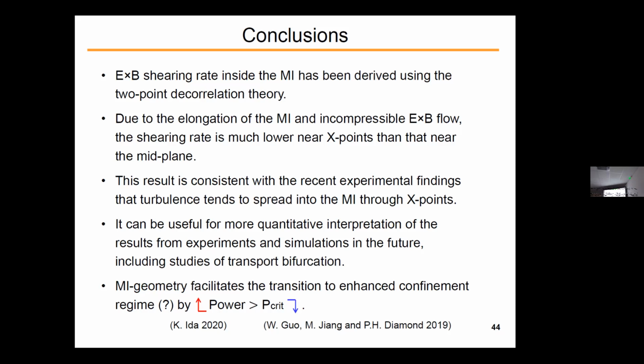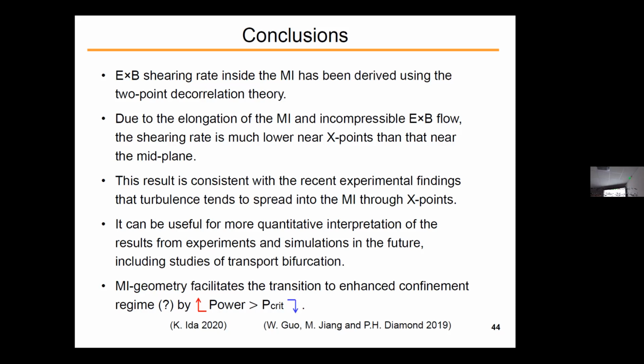And also, when was that? It was the 2019 Fest. I remember Pat was working with his young Chinese colleagues on how the dynamics around the magnetic island, ExB shear and so on, can actually lower the critical value of the threshold for transition to the enhanced confinement regime.